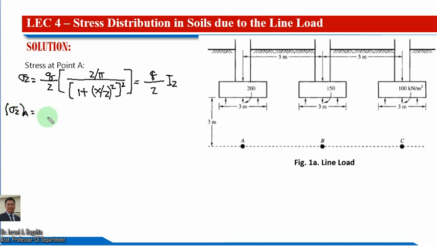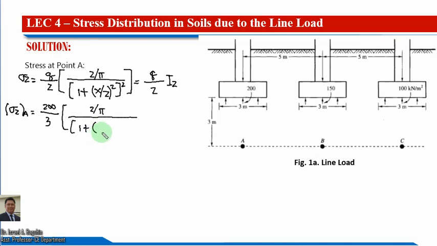Okay, so if we are going to substitute, our q for point A is just equal to 200, and our z is just equal to 3 meters. So we are going to substitute the given values here. This is 2 over pi, and then below we have 1 plus our x.